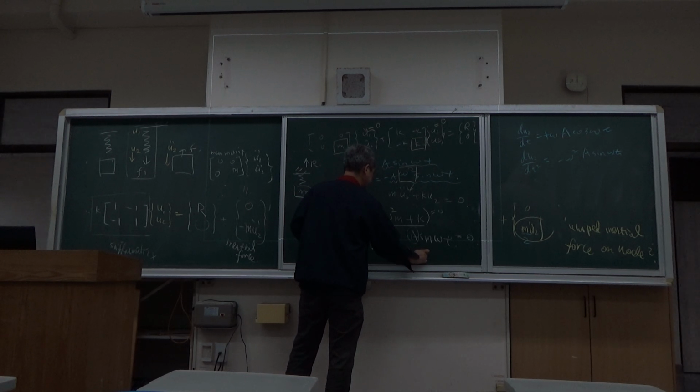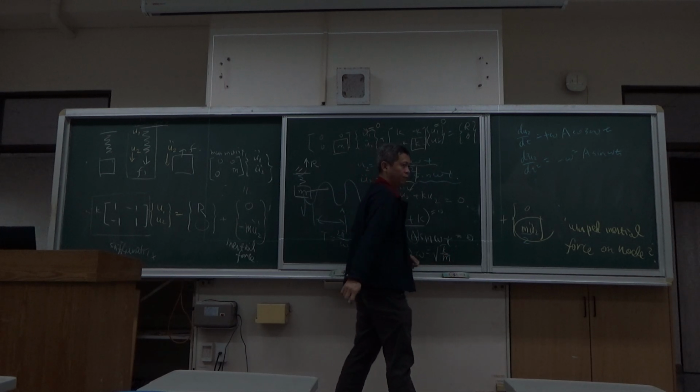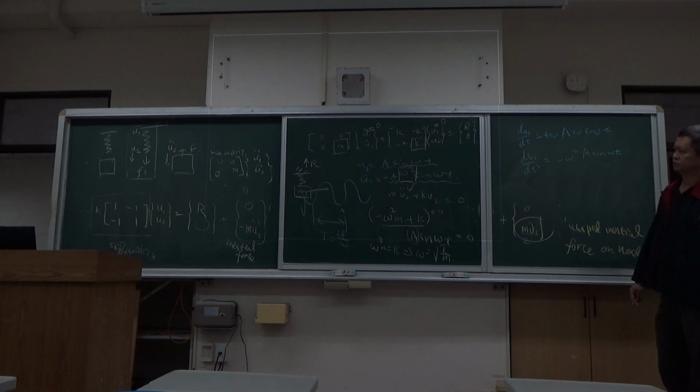So your omega is equal to the square root of k over m.